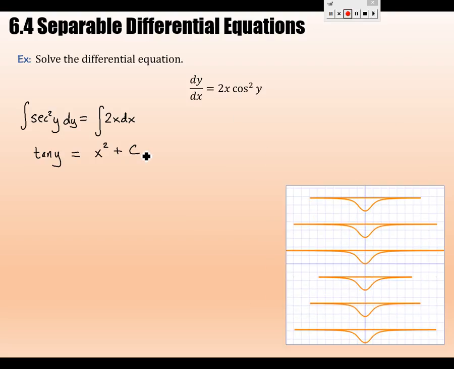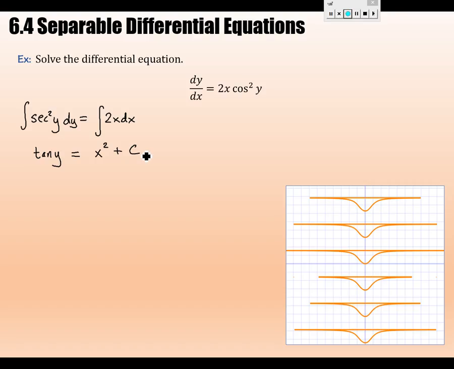Here's the graph of this guy. If you actually graph on your calculator y equals tan inverse of x squared plus some number of your choosing, I think what you'll find is you only get one of these guys, maybe this guy right here or something. I obviously chose some value for c to make that picture.